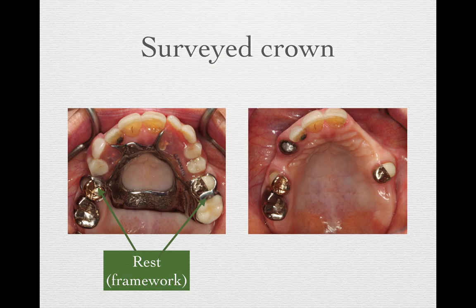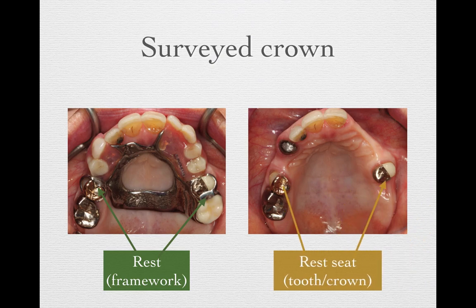You can see that those rests are resting on the crown. So you have to have space to accommodate the rest on the framework. That's why we said you should have a rest seat. So right now you make a survey crown. The survey crown also needs to have a rest seat to accommodate your rest design.